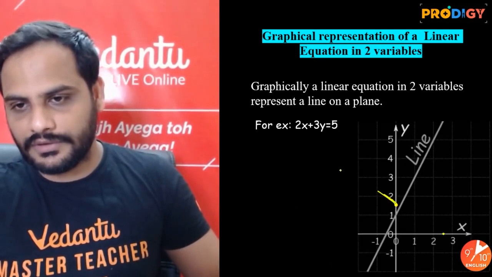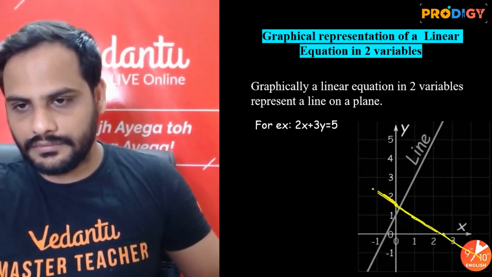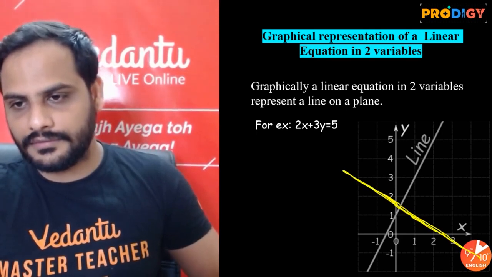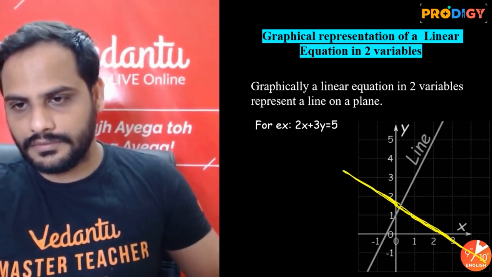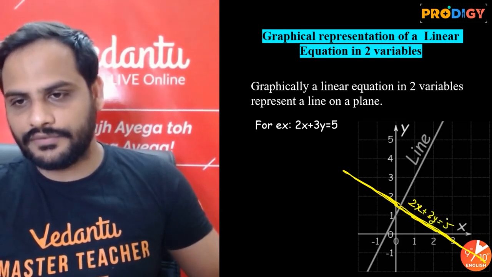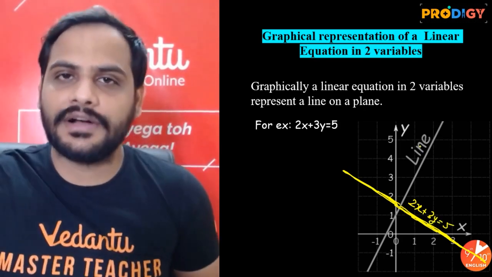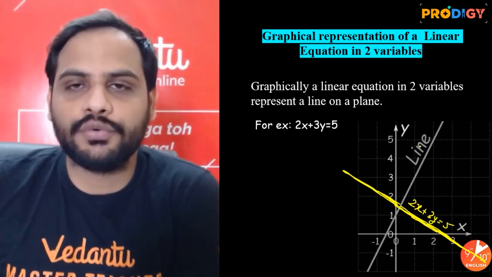This is how the graph will look, something like this. Which is what? 2x plus 3y is equal to 5. So this is how we draw the graph of a linear equation in two variables.